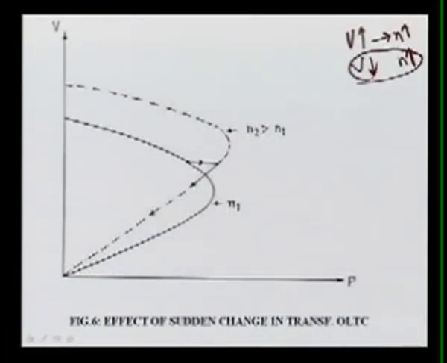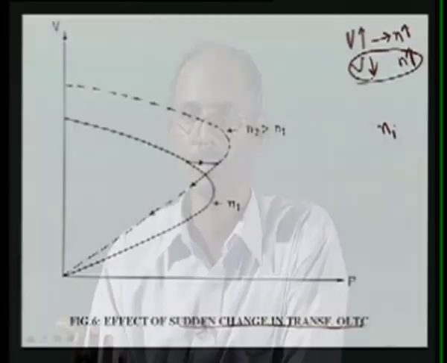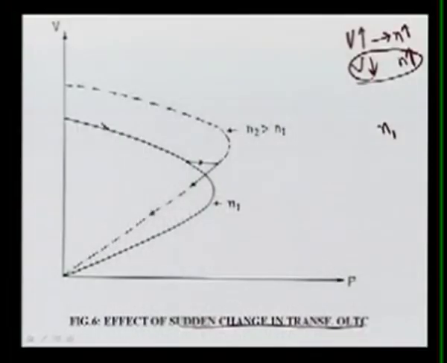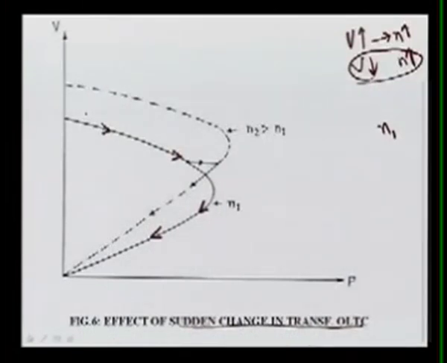Now I want to explain the effect of sudden change in the transformer OLTC. Suddenly it is changed. What is happening? Let's suppose you are operating at N1, that is some fixed tapping. Your PV curve follows this. Again here I have drawn the PV curve. Now at a certain point, you are just maintaining this N1 constant.